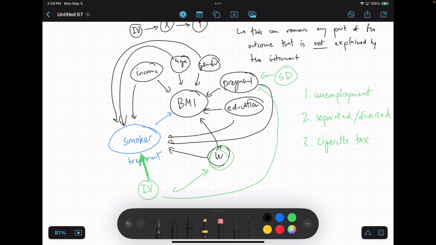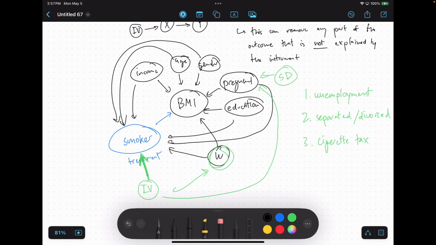And so seeing a cigarette tax in one state or city compared to another, I can be confident that the variation in BMI in the city that sees that cigarette tax versus a place that doesn't is specifically happening through my treatment as opposed to through these other things, right?